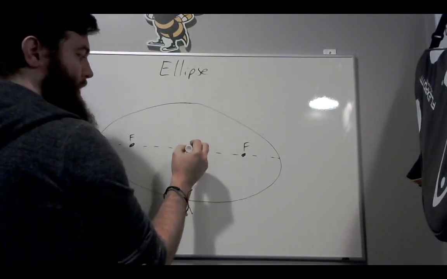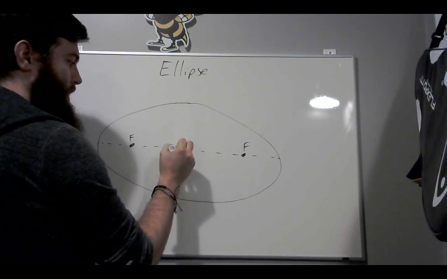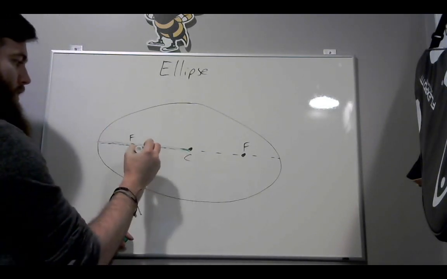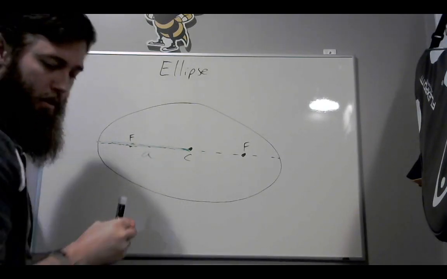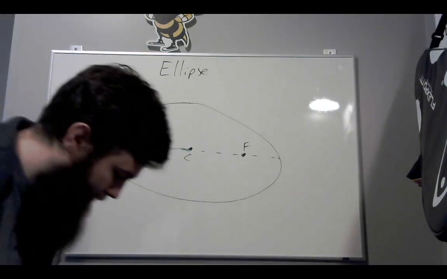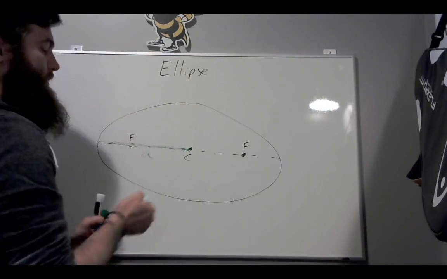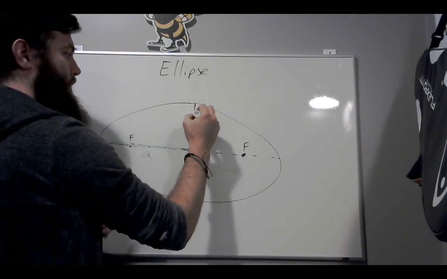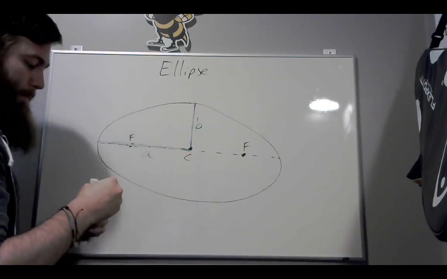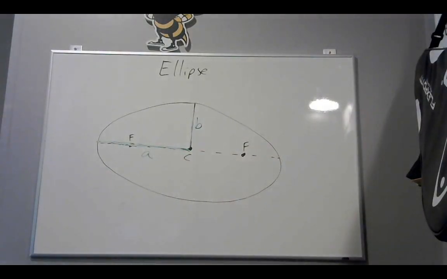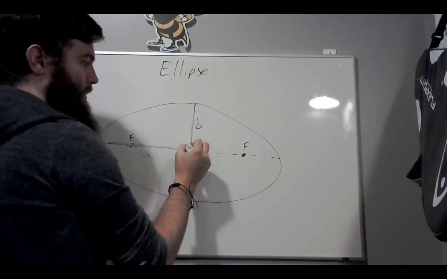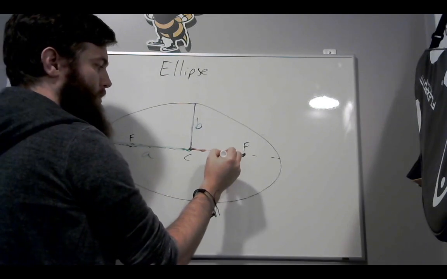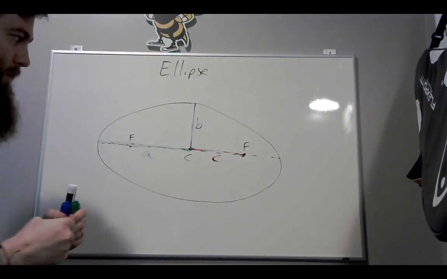The center to the endpoint, this distance right here, is going to be your a. The center to the minor axis endpoint is going to be your b value of that Pythagorean relationship. And lastly, the distance from the focus to the center, this value right here, is going to be your c value.